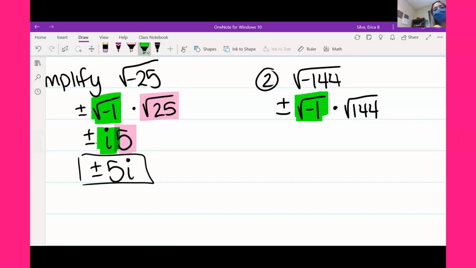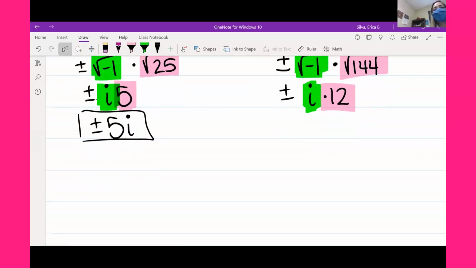We're going to replace that -1 with the i. Then the square root of 144 is 12. So we need to rewrite it in the correct order, plus or minus 12i.